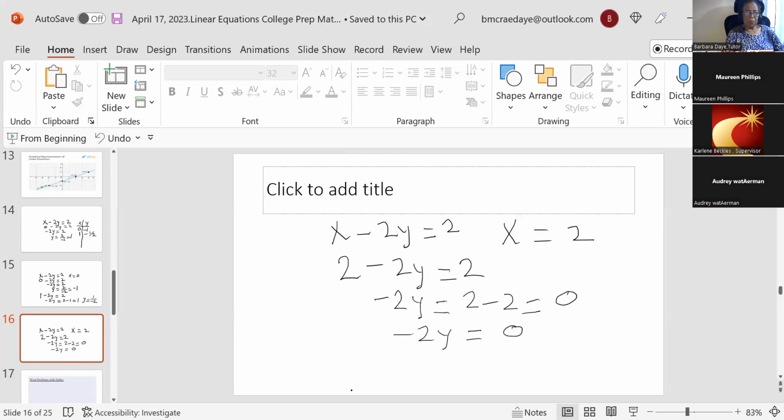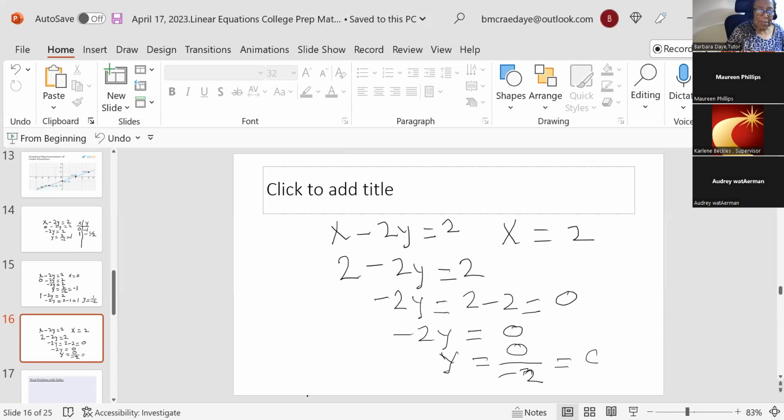What's your inverse operation right here? You divide. That's right, absolutely, divide, because that's a multiplication. So you divide both sides by -2, and that would give you y equal 0 divided by -2, and that would be equal to 0.